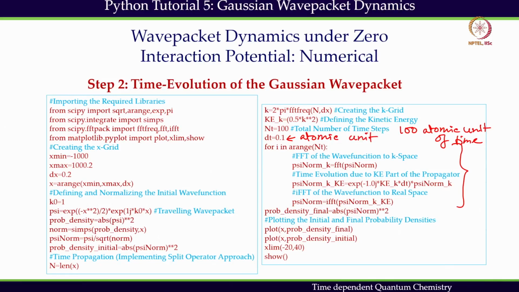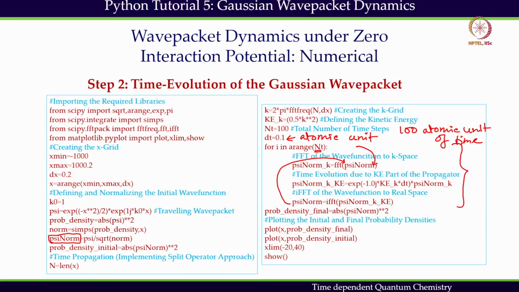And one more thing we have to remember: in the beginning of the iteration, we have this psi norm, the normalized wave function, that is used in the first iteration. But then this psi norm will be updated, which is why we have kept the same name, and it keeps iterating until the 100 steps are over.